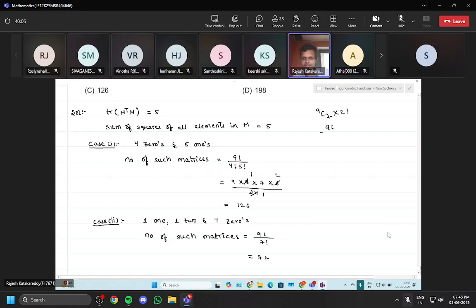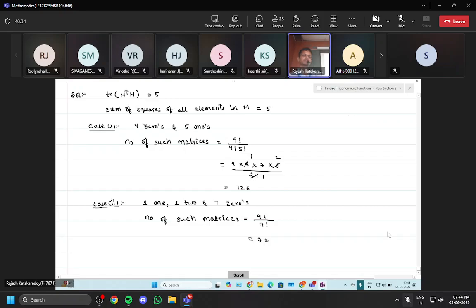We multiply by 2 factorial because there are two distinct elements, 1 and 2, arranged in 2 boxes. It can be 1, 2 or it can be 2, 1. Clear? Any other doubts?